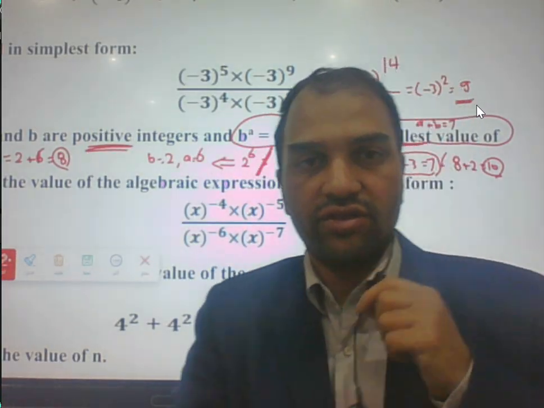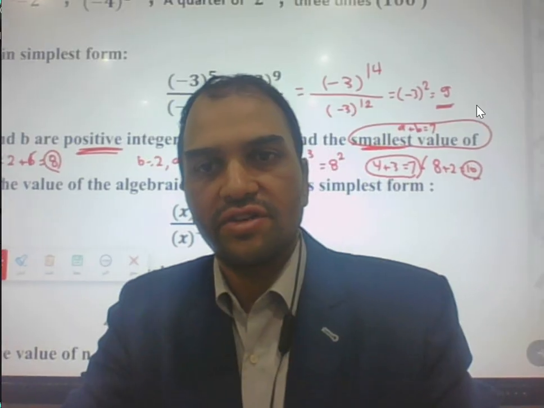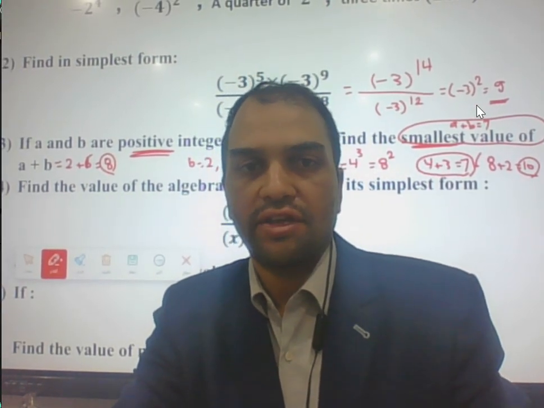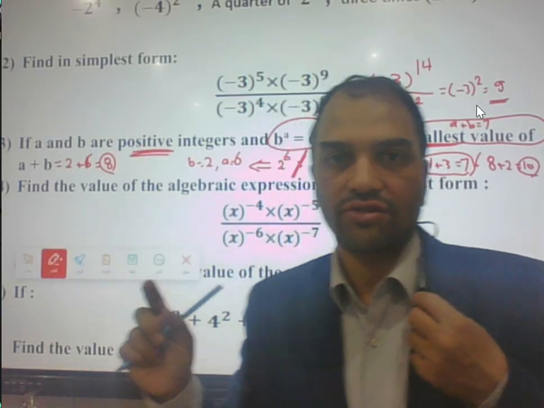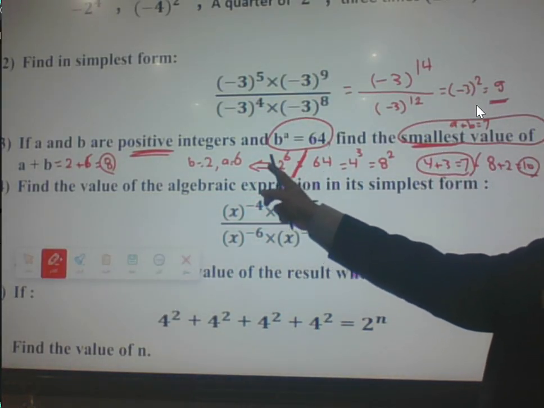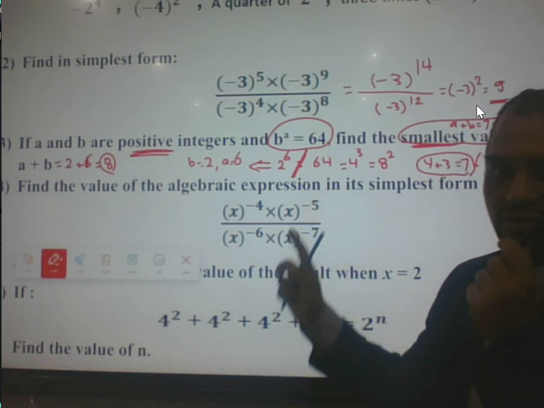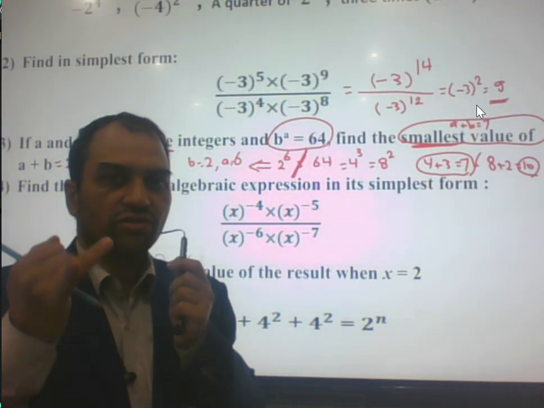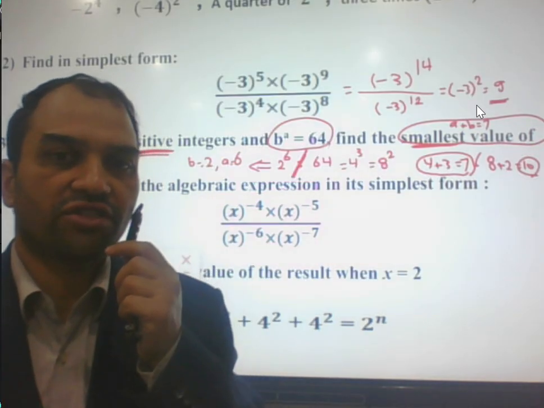Pay attention to what's going on. Okay, we have conditions for this example. First, I write here a plus b equals 8. The first condition, I put 2 power 6 equals 64. And the second condition, 4 power 3 equals 64. 4 times 4 times 4. 4 times 4 is 16. 16 times 4 is 64.